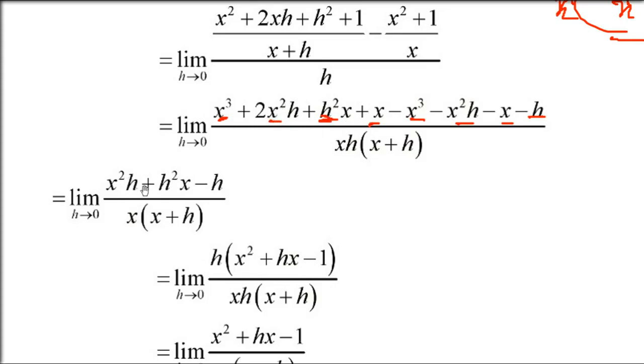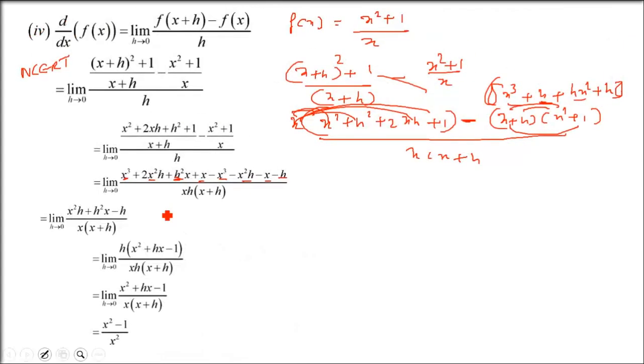Now when this cancels, in the denominator you have x and (x plus h), and as I said, h was already there. I always use h in the later part. So now I am taking h common from here. It will be x square plus hx minus 1. When we apply the first principle, h will always be the denominator.